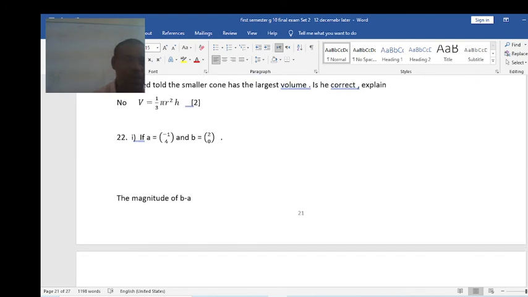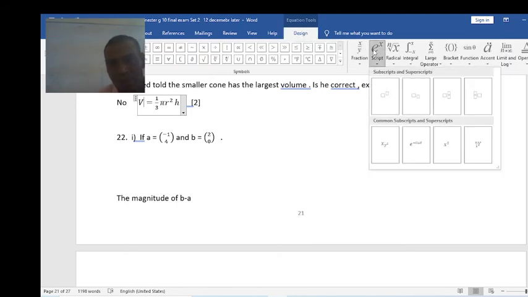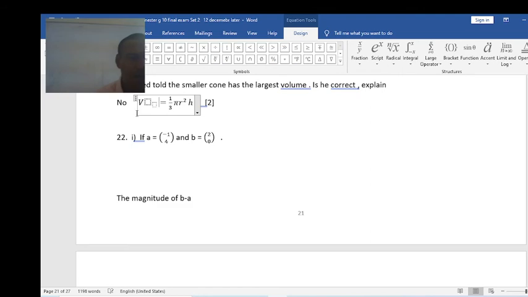So I will make the volume of, I will insert another equation. I want to write here V of larger. L means larger. Okay, the volume of the larger cone is equal to, now I will immediately change.